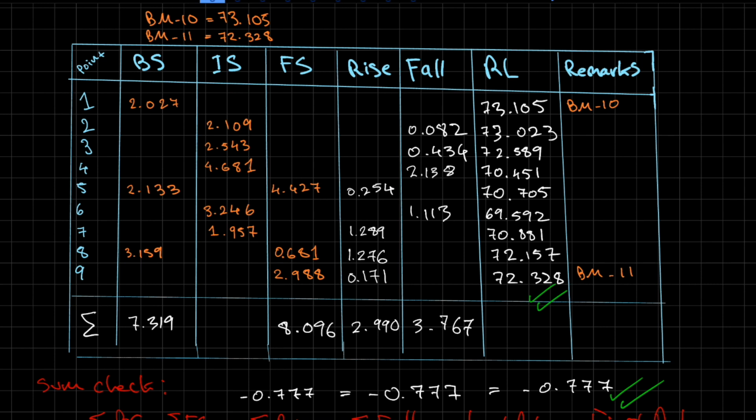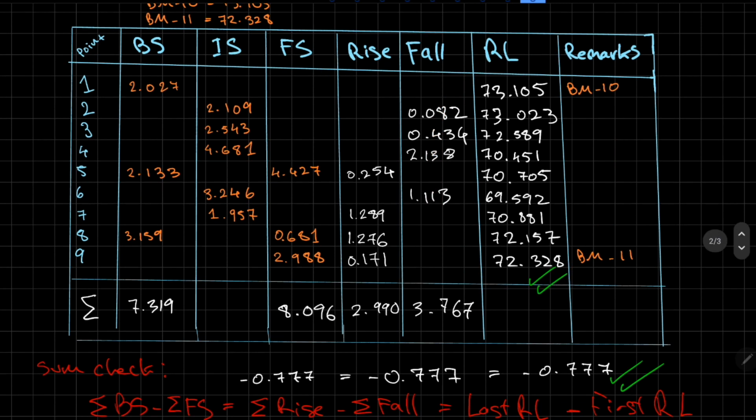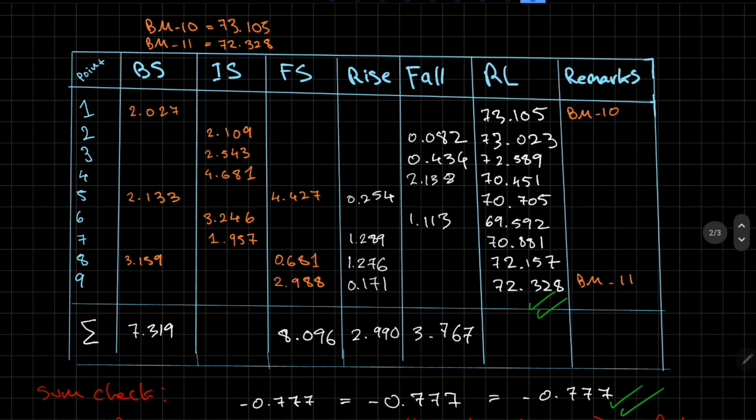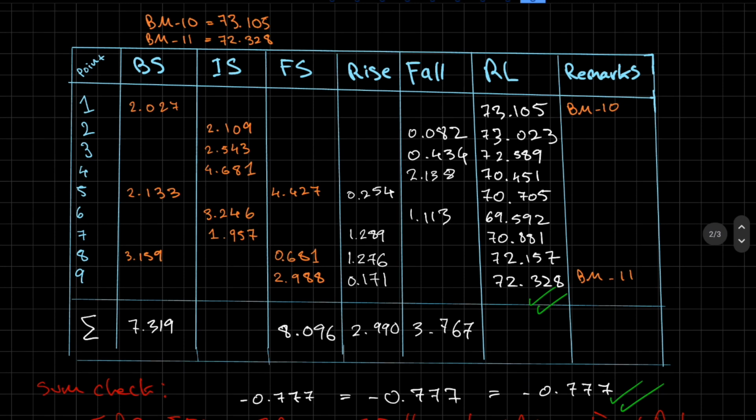We have calculated all the reduced levels for all the points. In this case, because this data is made for exercise purposes, it is made to perfectly fit the last reduced level. It may not always fit.